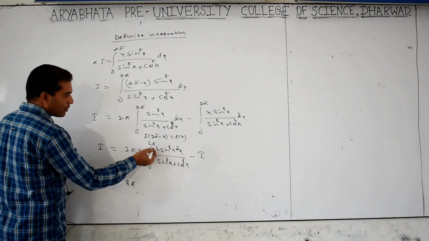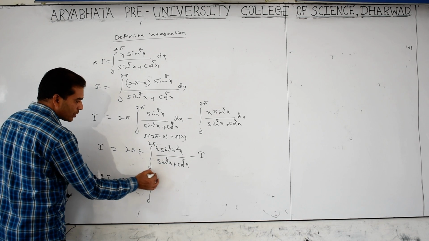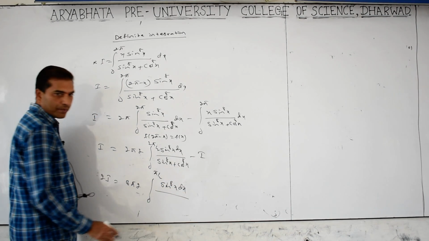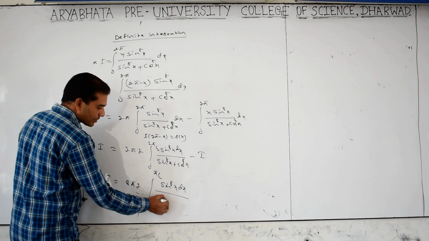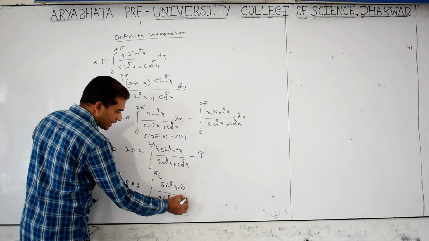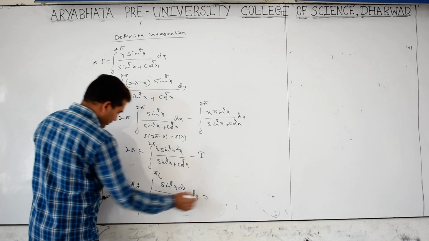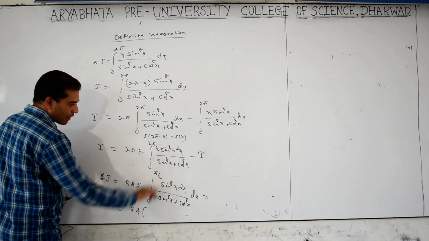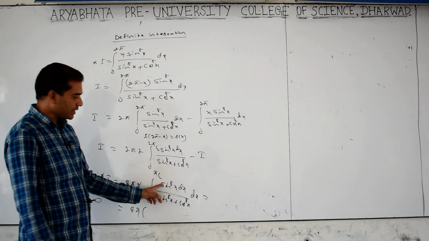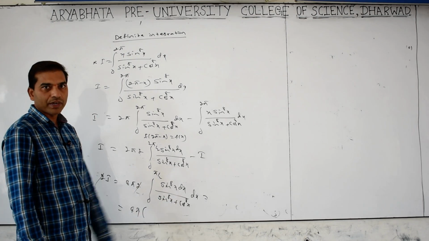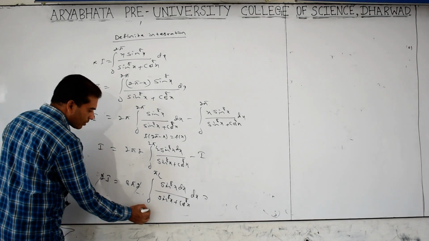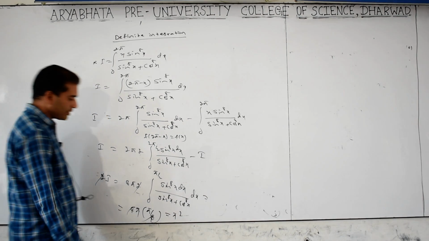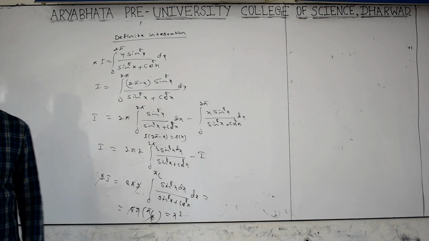Again we can write 2 into pi by 2, the 2 comes down here, integration from 0 to pi by 2 of sin power 8x dx by (sin power 8x plus cos power 8x). These 2 get cancelled, which equals 4 pi. You know this standard formula: the integration from 0 to pi by 2 of sin power nx dx by (sin power nx plus cos power nx) equals pi by 4. Getting cancelled, the answer is pi square.